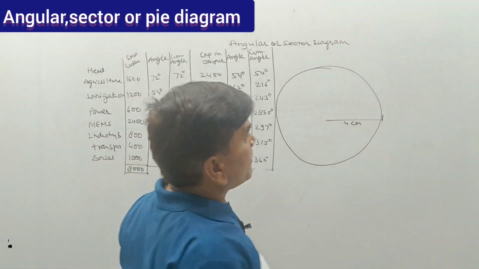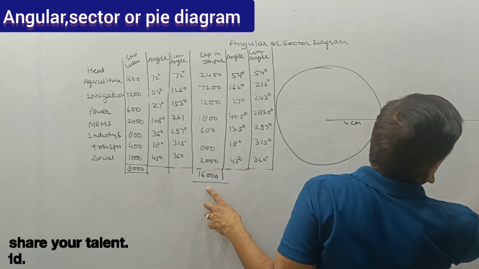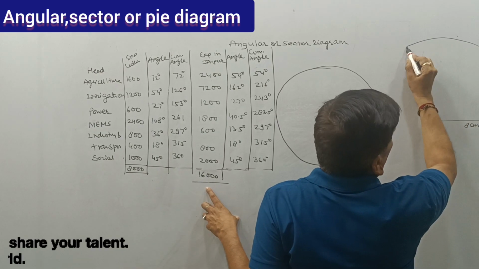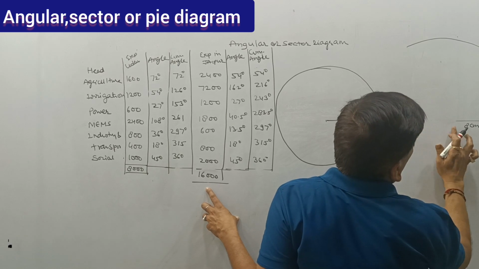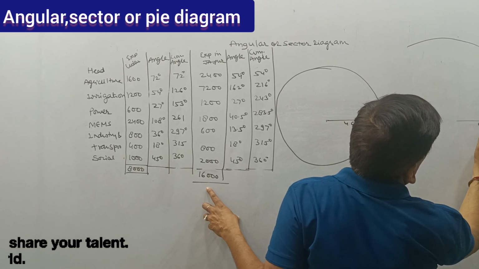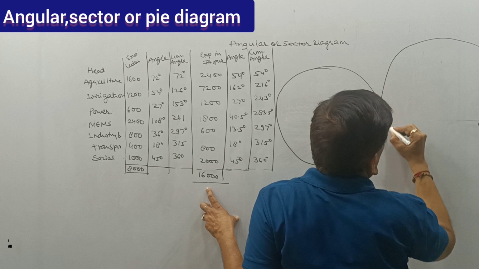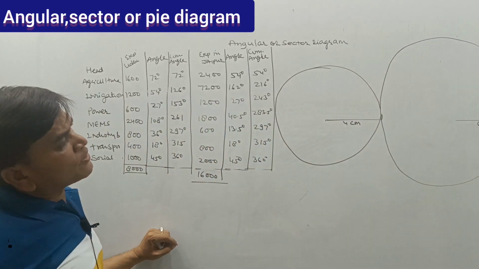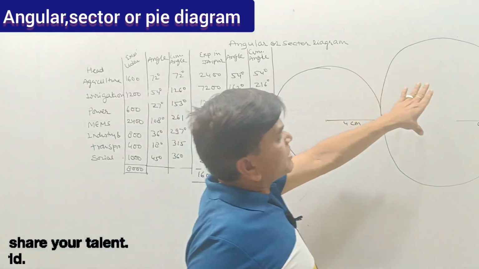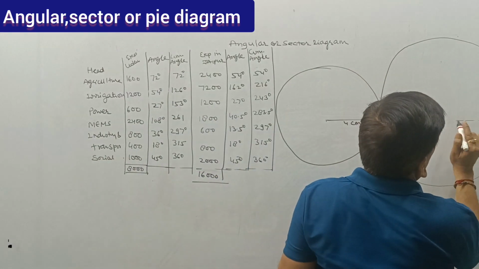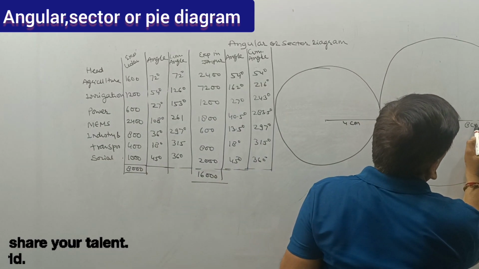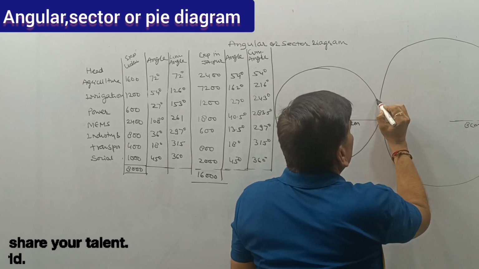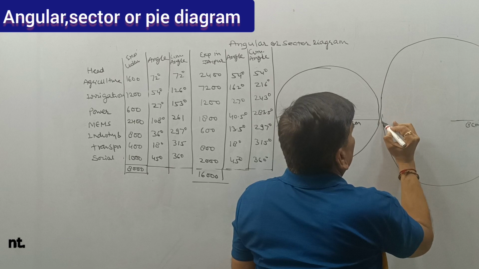For double, we are having a circle of 8 centimeter. So both circles are over there. This is just the double circle of this 8 centimeter. I am having a problem of space, but you may not have this problem.